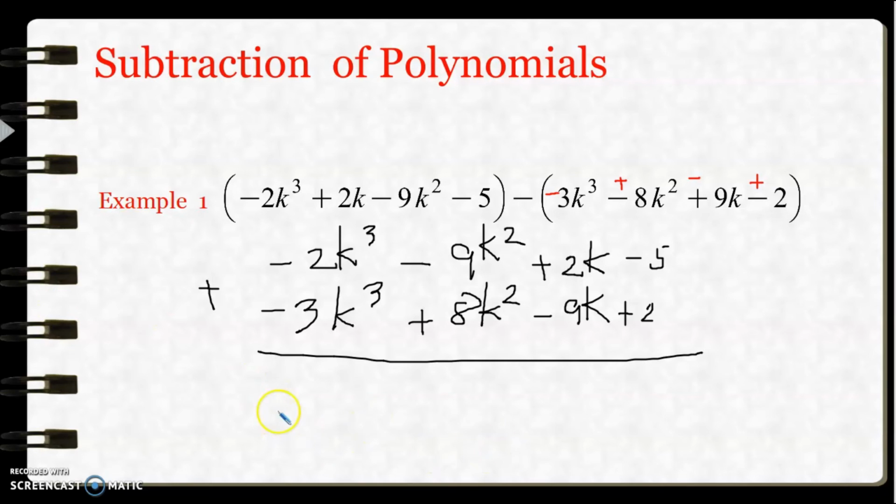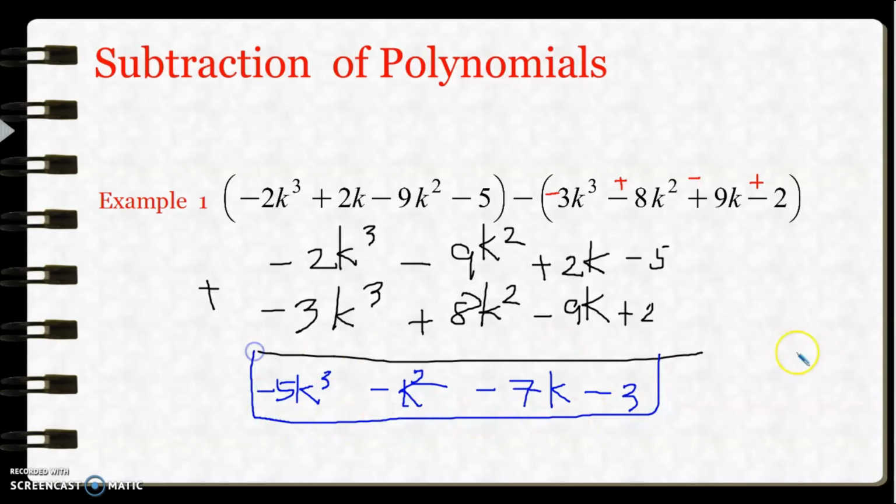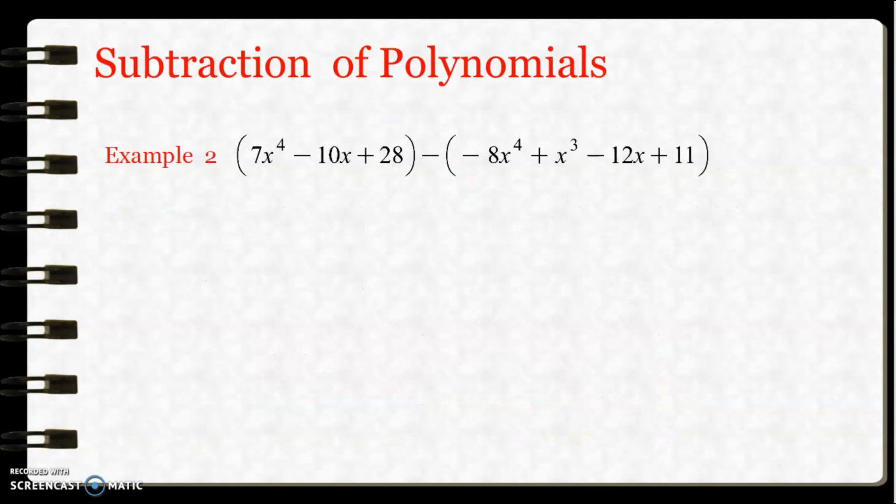Okay, negative 5k cubed minus 1, so we don't write 1, minus k squared. Then 2 minus 9 is negative 7 minus 7k. Negative 5 plus 2 is negative 3. And there you have the final answer to be negative 5k cubed minus k squared minus 7k minus 3. Let's proceed to the next.